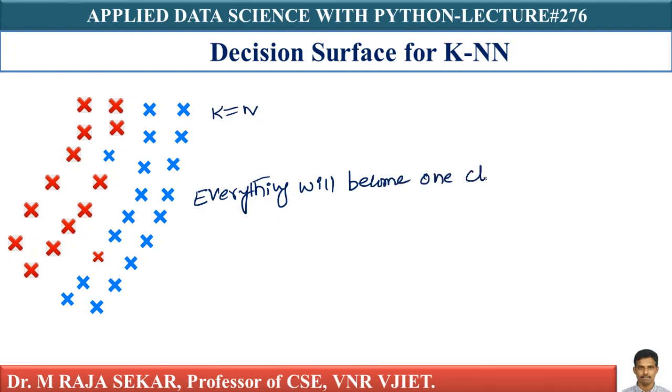This observation is important when k equals n. That one class is what I can call the majority class.